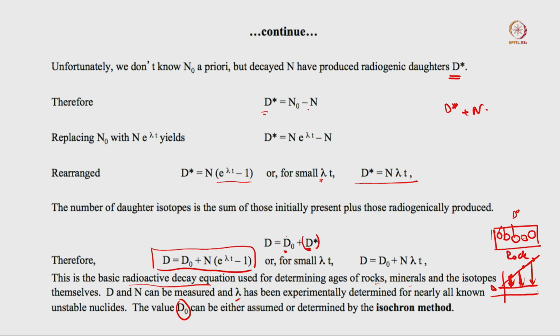You will see that they are all falling on one particular line, and that is my initial number of daughter atoms. This is called the isochron method. If you want to look into more, you can always go back and look into the isotope geochemistry book by William White and look into the isochron method.